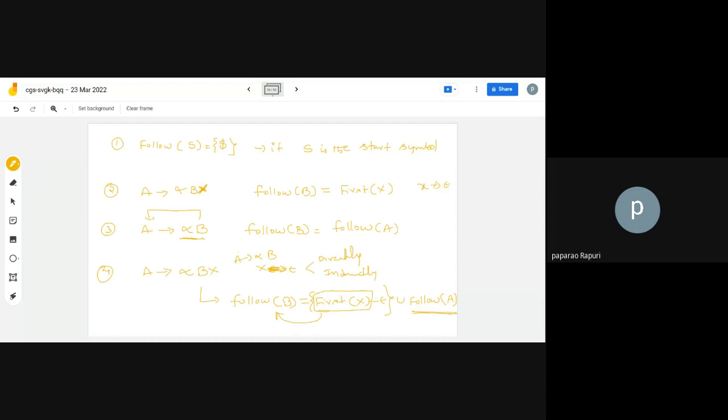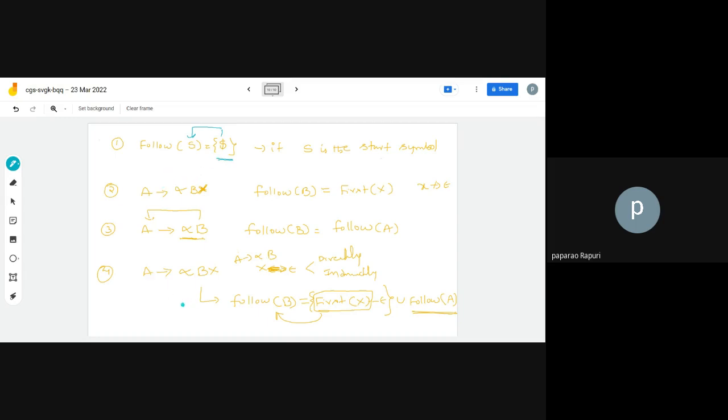So for constructing the follow set for any non-terminal, we have four rules for different kinds of production formats. The first: if S is the start symbol, then we need to add dollar to the follow set of S, only in the case that S is the start symbol.